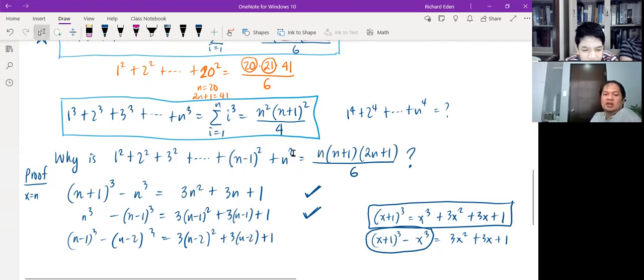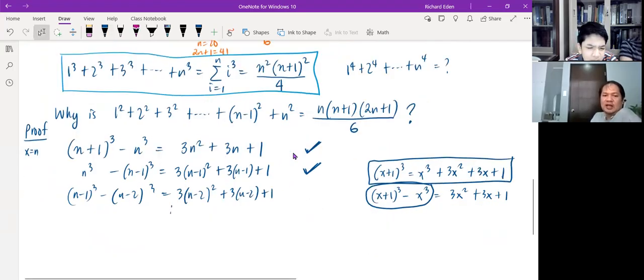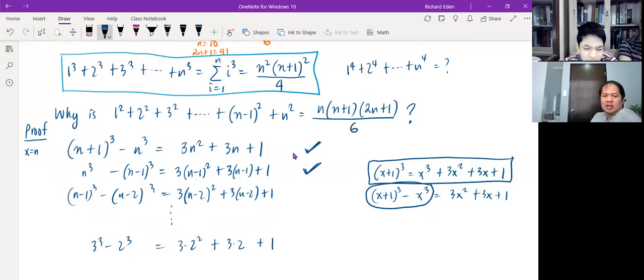And then let's bring this all the way down to the following. 2 cubed minus 1 cubed. Or how about, sige, for it to be a bit gentler, 3 cubed minus 2 cubed, and then, sige, ito muna. So this would be 3 times 2 squared plus 3 times 2 plus 1.